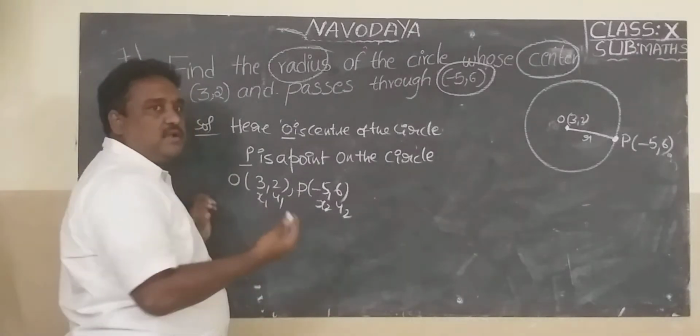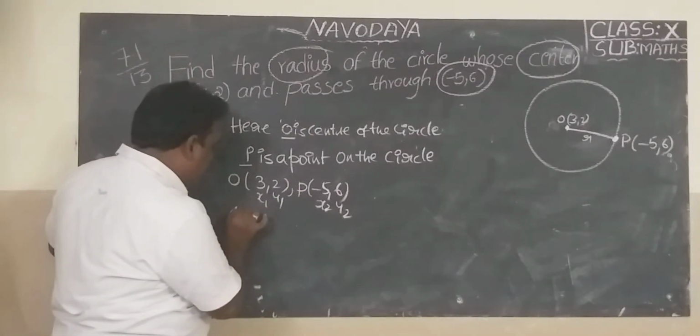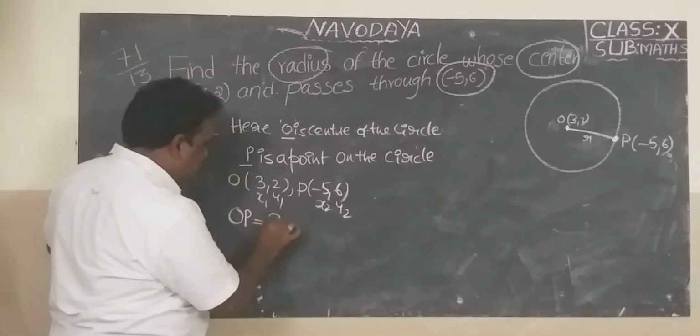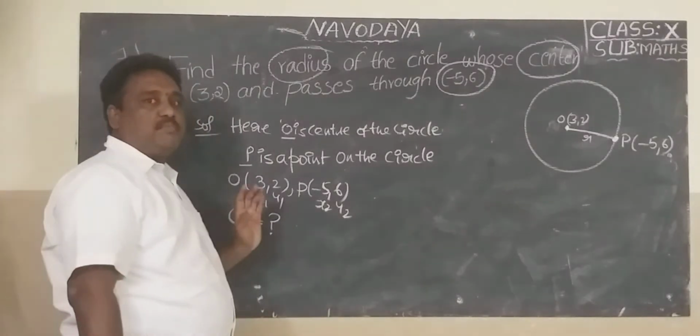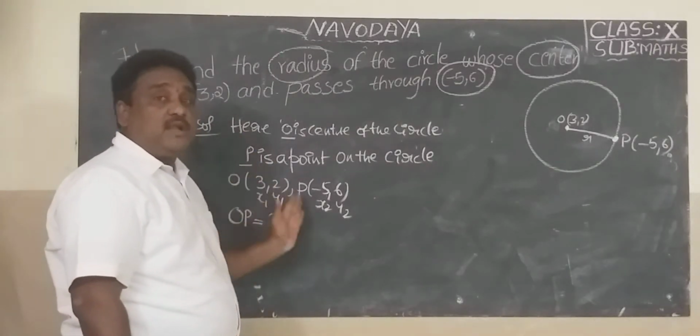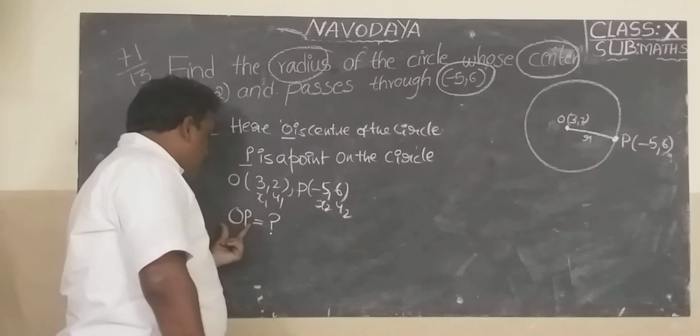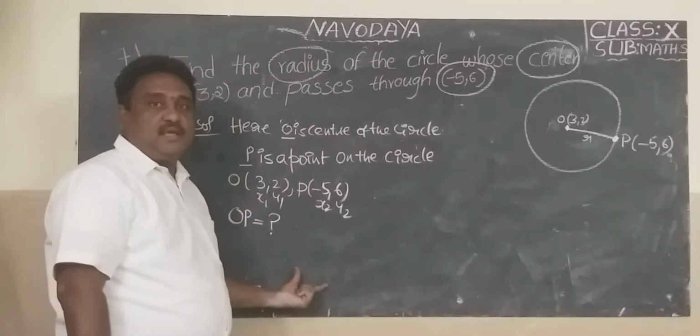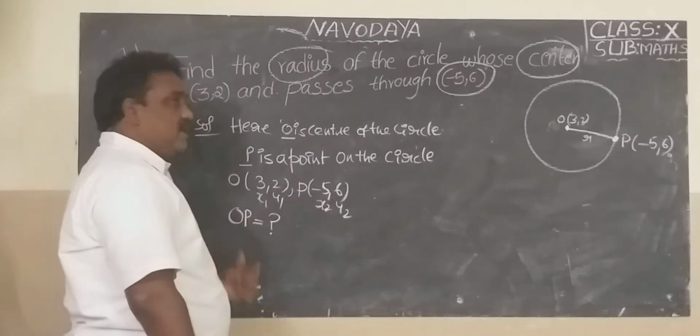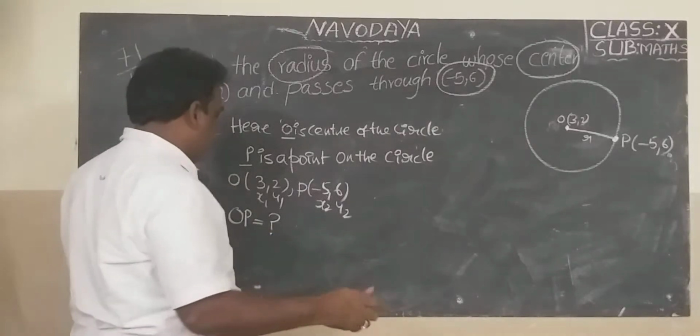Then what formula to write? We need to find out OP. O is the center of the circle. P is a point on the circle. What is OP? The radius of the circle. So we need to find out OP. Again, what formula to write?